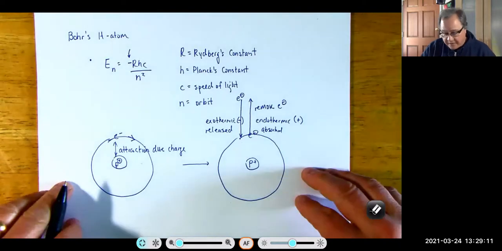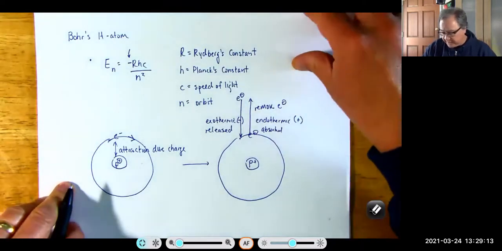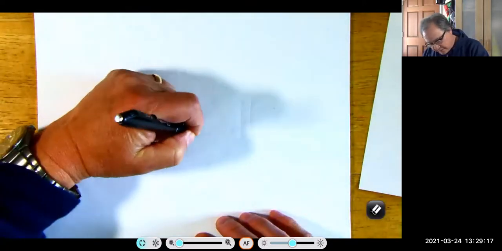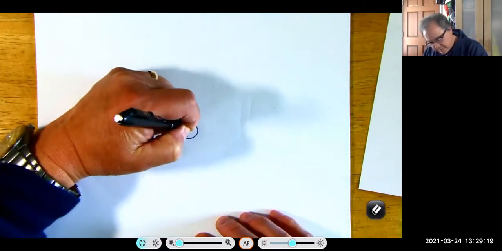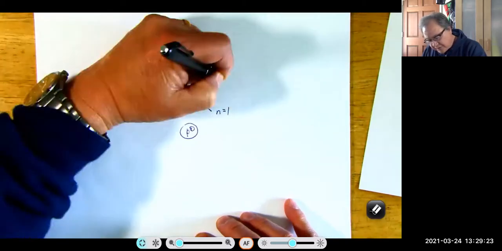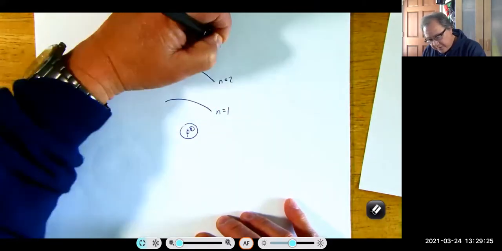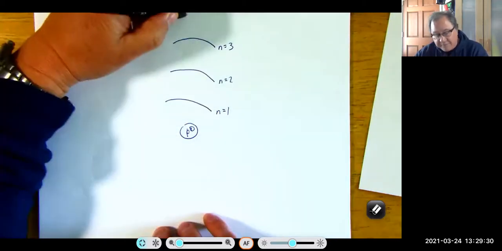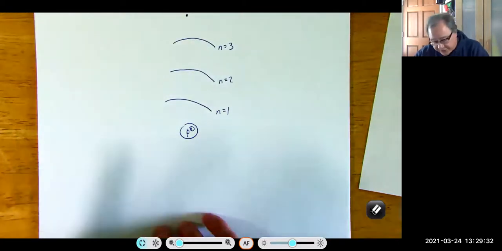Yeah. Now I want you to take a look at this here. So here's my proton. Here's n equal 1. Here's n equal 2. Here's n equal 3. So this electron is coming from infinity. It's coming from a great distance away.